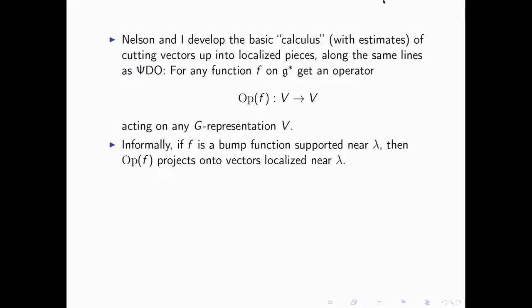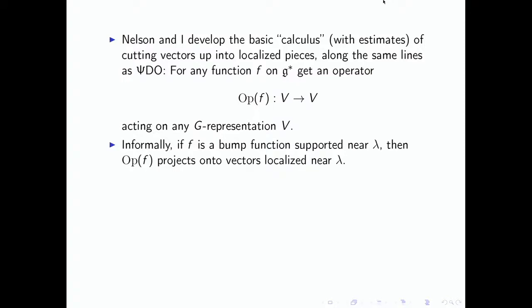And the way you should think of this is that you're trying to break up vectors into localized vectors. If you take this function to be a bump function that's supported very near one point lambda, then this operator, op of f, sort of projects onto vectors that are localized near lambda. So this is some way of formalizing a systematic way of breaking up vectors into localized ones.